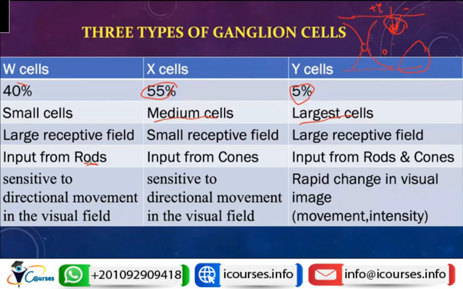Since the rods are more numerous and more dispersed through the retina, these W cells will respond more to directional movement in the visual field. So if there is any movement or any change in movement in the visual field around you, this will be perceived by the W cells. While the X cells will be sensitive to the directional movement in the visual field.